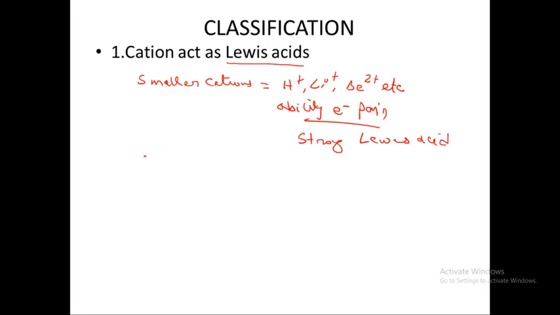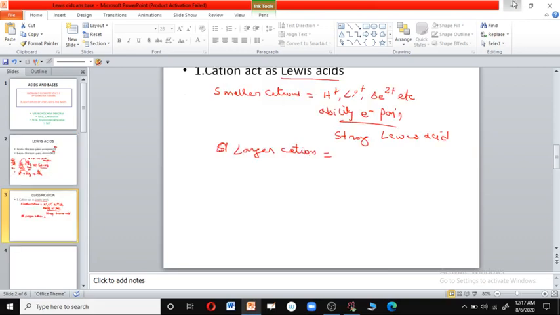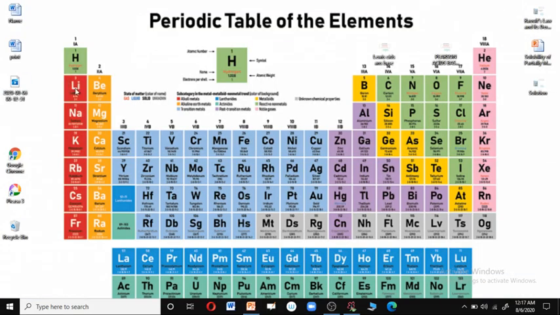Whereas some cations are larger. If you see in the periodic table, group number 1 is called alkali metals, group number 2 is alkaline earth metals.